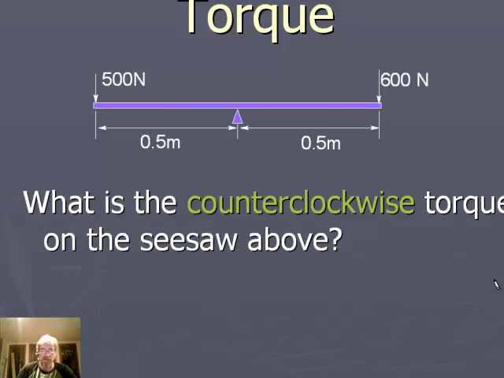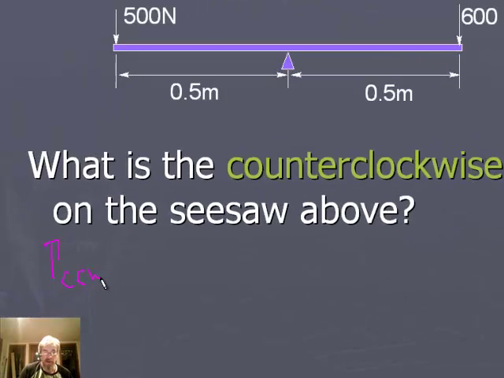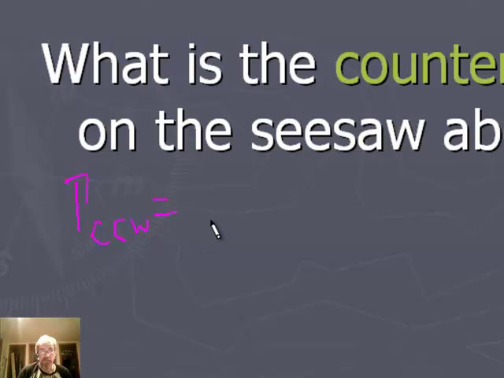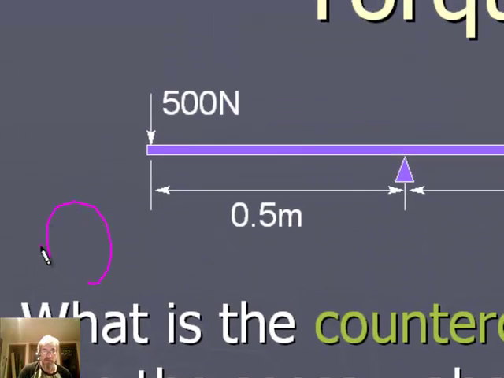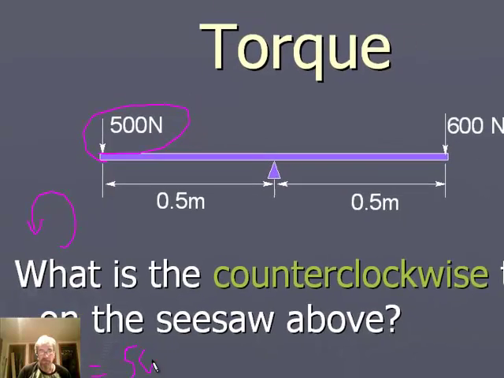Okay, we can solve for this the same exact way, just by using the definition of torque. So the torque counterclockwise here is going to be whatever force on here that would cause counterclockwise rotation. Counterclockwise, of course, means opposite the direction a clock would normally run. So the force that would do that would be this 500 Newton force.